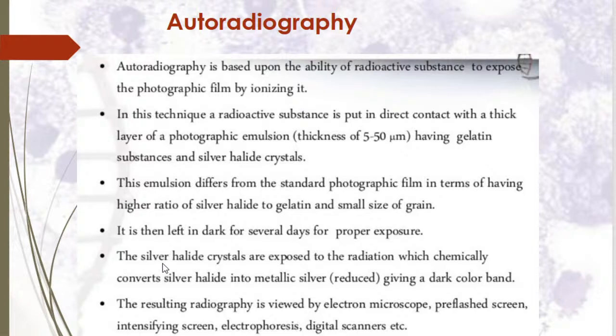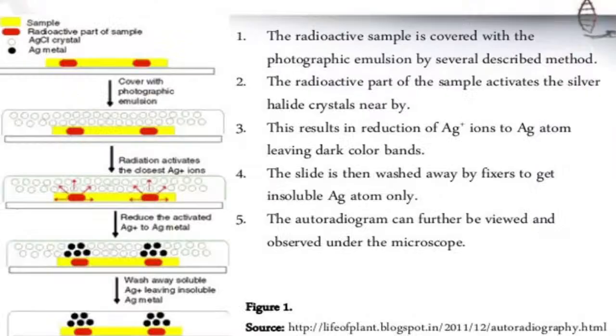Silver halide crystals are exposed to the radiation, which chemically converts silver halide into metallic silver, giving dark color bands. The result can be viewed like electrophoresis and digital scanning. Example methods are presented here.